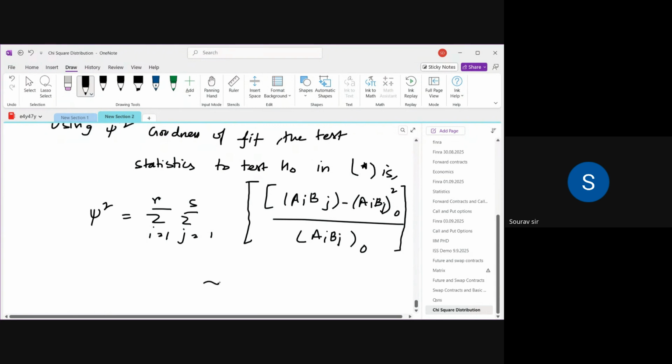Okay, that tends to chi-square with R minus 1 and S minus 1 degrees of freedom.